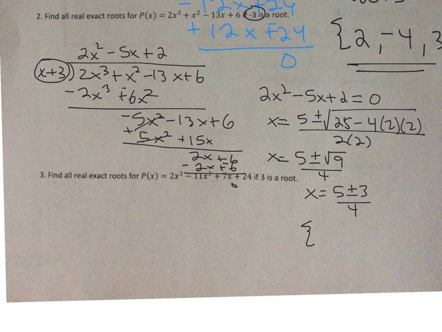So our roots are this original negative 3 from up here. Then you have 5 plus 3 over 4 is 2, and 5 minus 3 over 4 is 1/2. So those are all the roots.